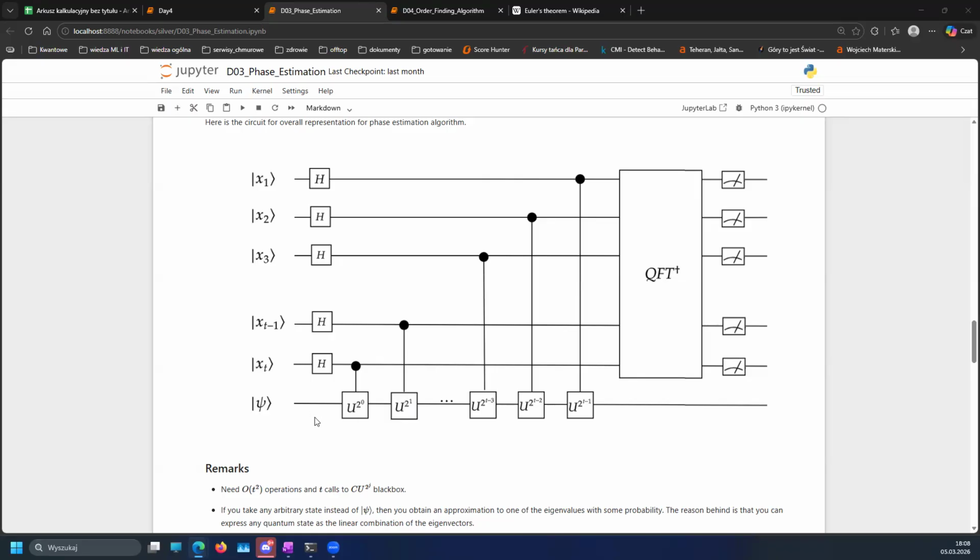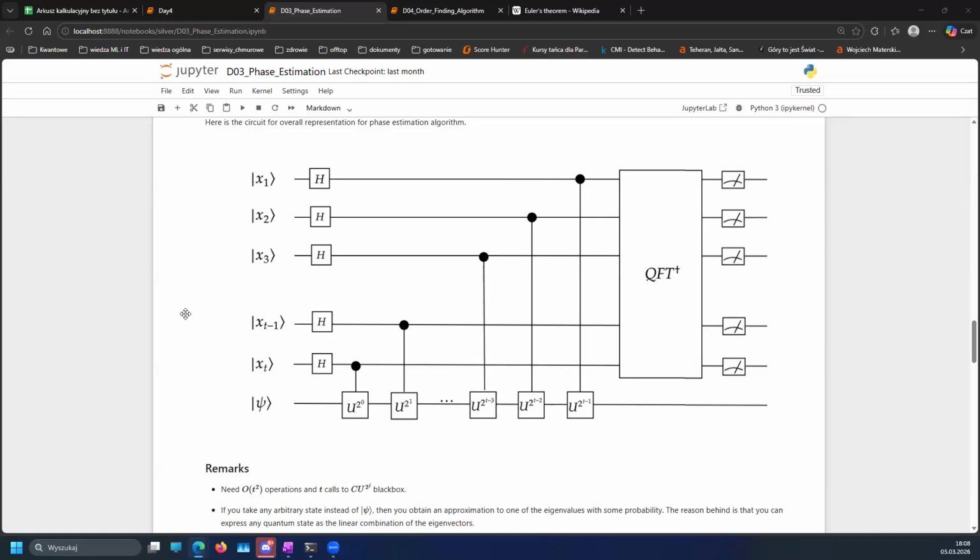This operator U in its general form is also given. And this state, the vector that represents the state, is an eigenvector of this operator U. And we want to find the eigenvalue.